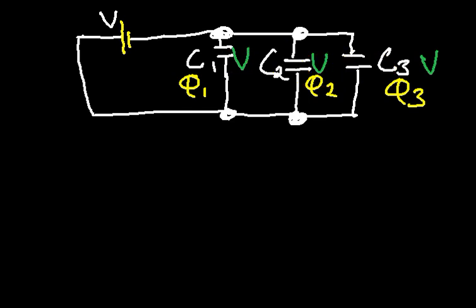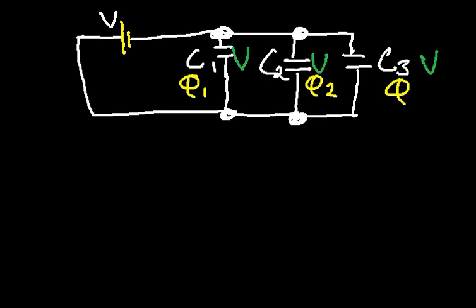We'll see some examples of that, but keep in mind that since these capacitors are connected in parallel with respect to the battery, the voltage across each capacitor is the same. Only the charges being stored are different.